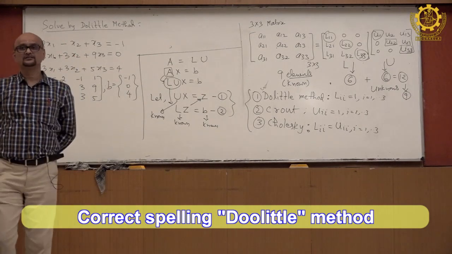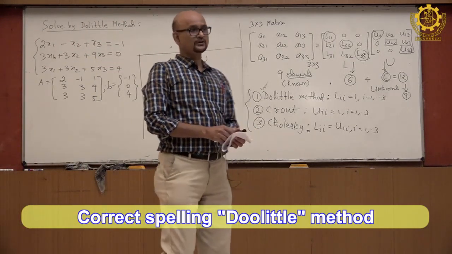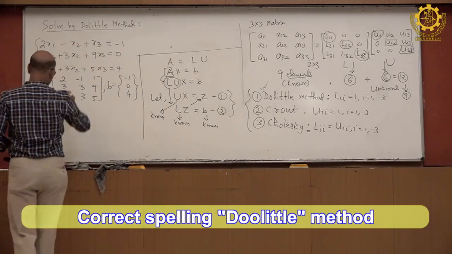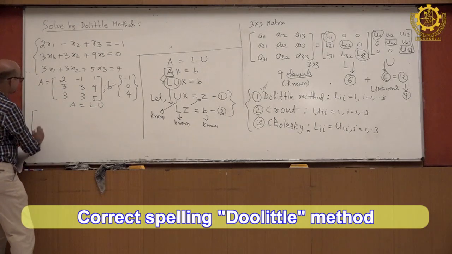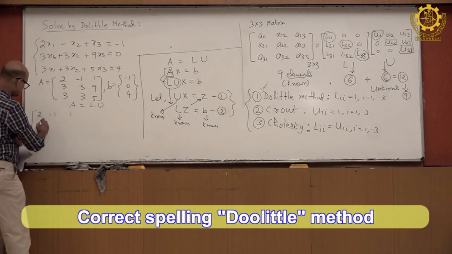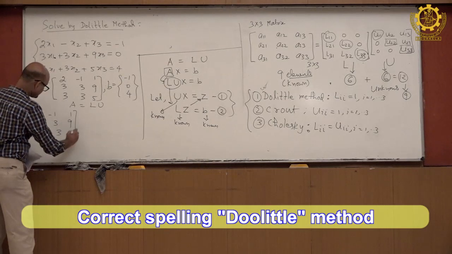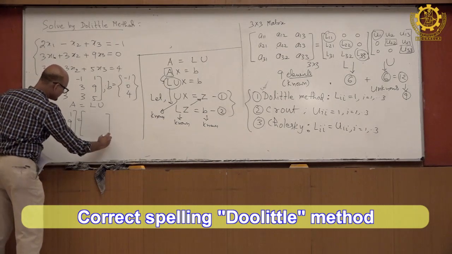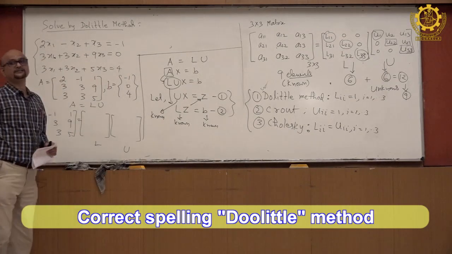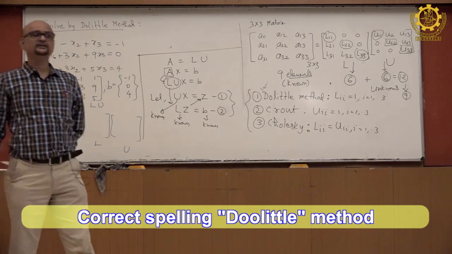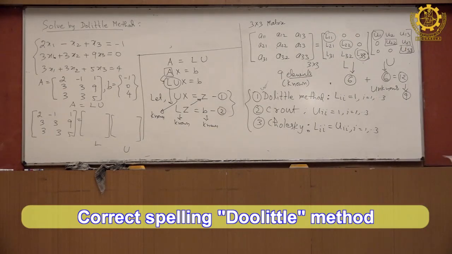So first task is to factorize A to L into U. I have to write A as L into U. So I have this A as 2 minus 1 1, 3 3 9, 3 3 5. This I have to write as a multiplication of two matrices, namely lower and upper triangular matrices. And remember, I am using Doolittle method, so the diagonal elements of the lower triangular matrix are to be unity.